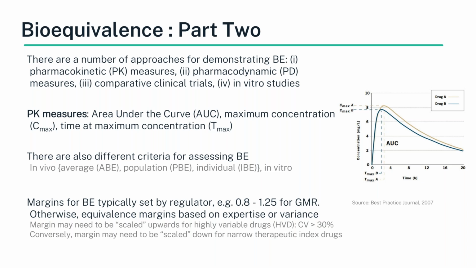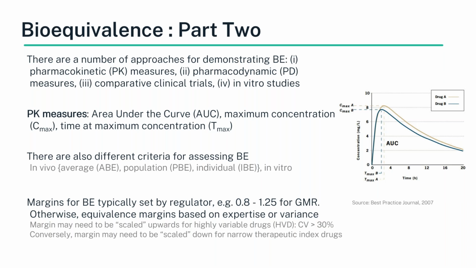So population bioequivalence is what is used to examine prescribability, and population bioequivalence is examined by comparing the variability of the PK measures between the subjects, and population bioequivalence is demonstrated if the difference lies between the predefined margins set by the regulator.